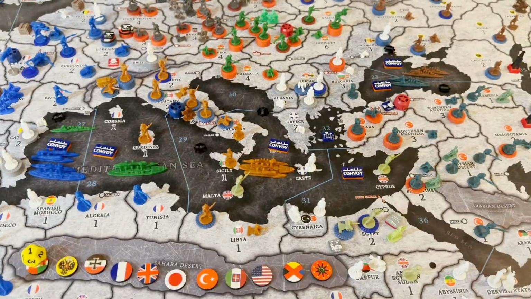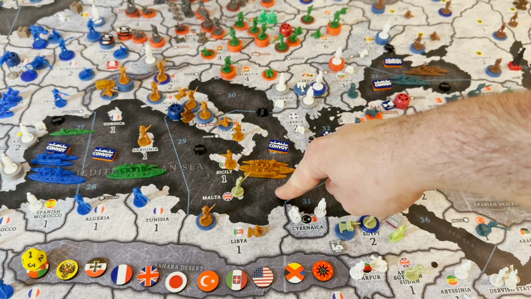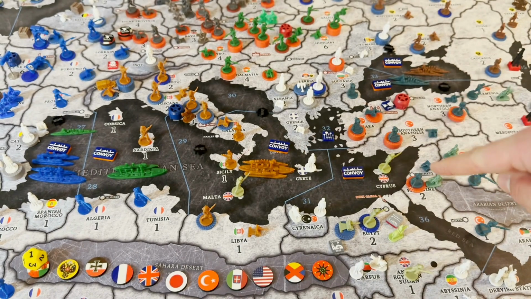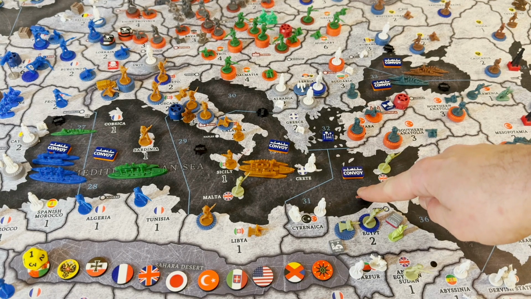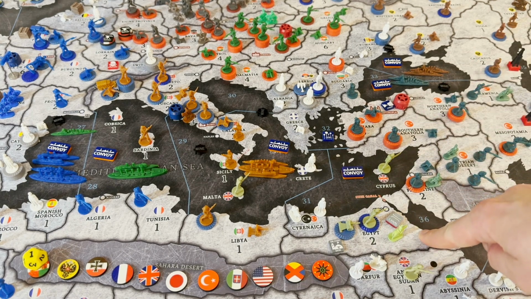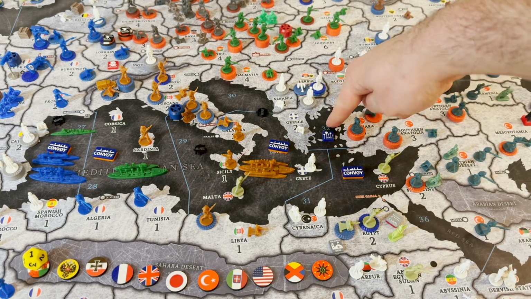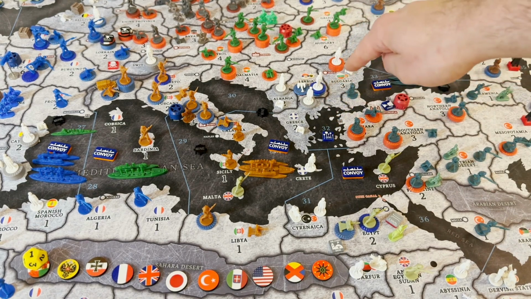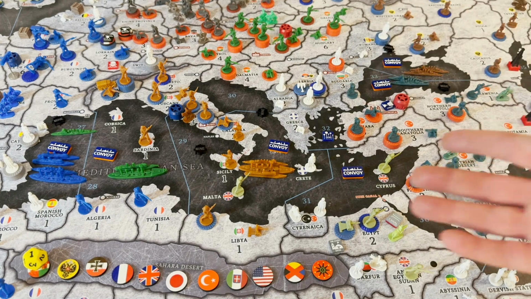So they can move there and there. They cannot end their movement in the sea zone with the neutral Italian units. They cannot come over here to sea zone 31 because both the Ottoman Empire and the British Empire start neutral, and they cannot go into sea zone 32 here to align Bulgaria because they don't control Bulgaria at the start of their turn.